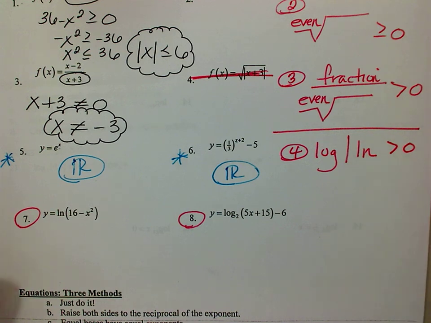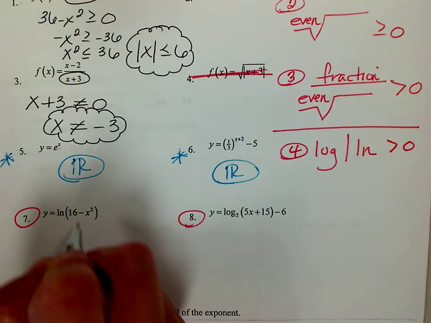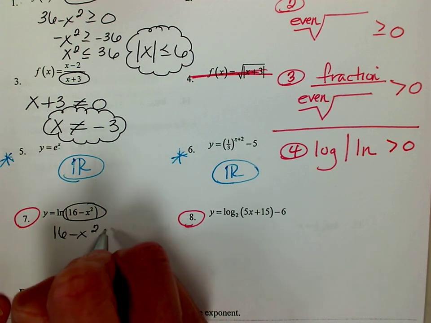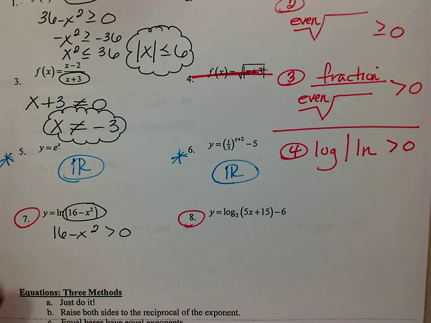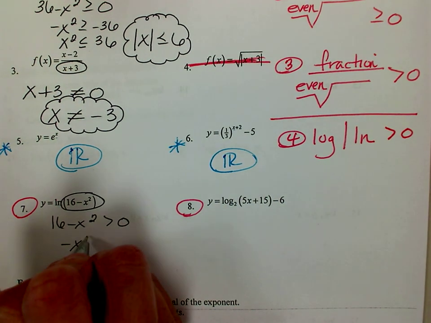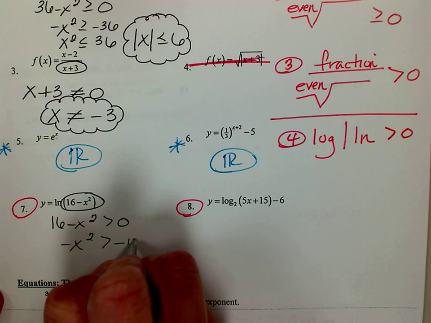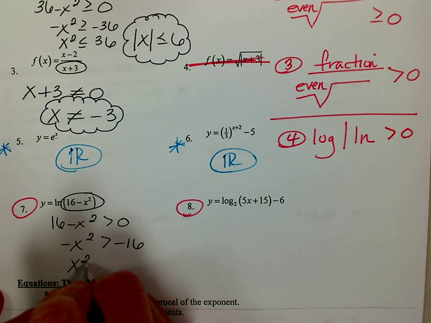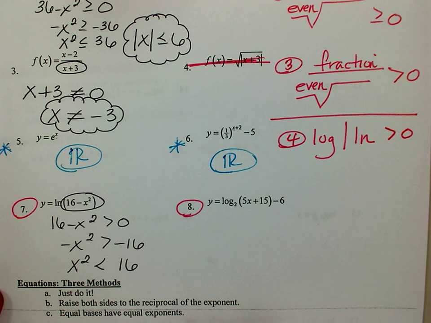Okay, so that means that on number 7, the argument, which is 16 minus x squared, must be greater than 0. So from there, I'm going to work backwards and get x by itself. Got to divide by negative 1, so if I do that, my signs are going to flip.